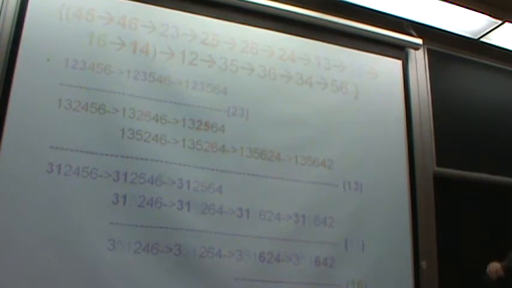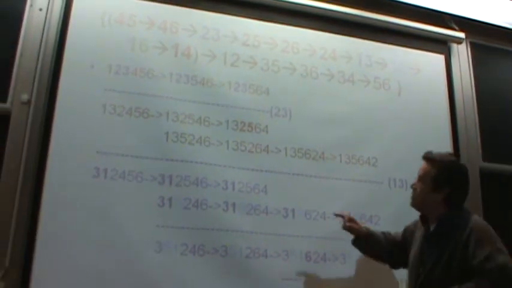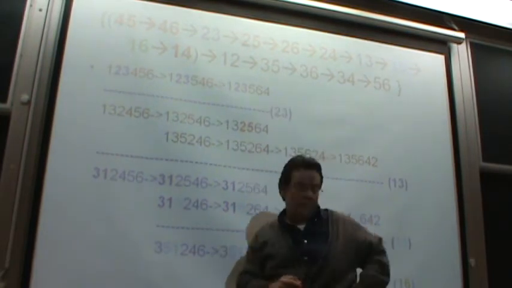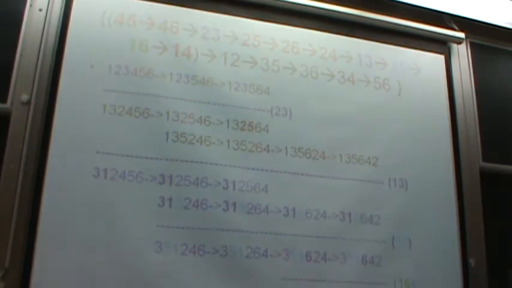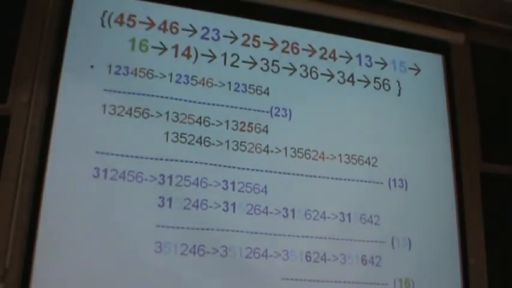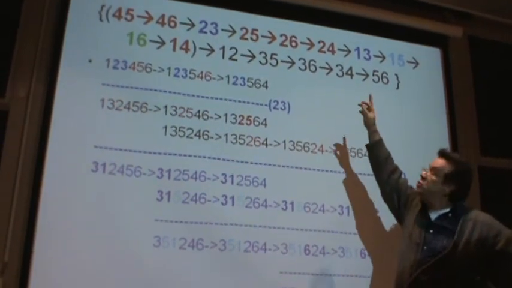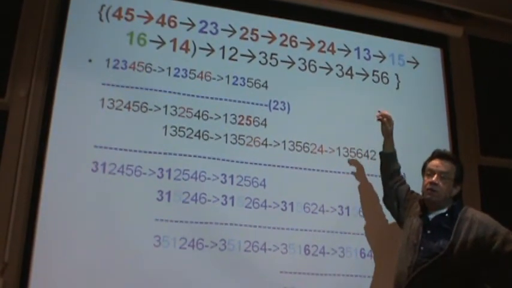You can go and look at this in this way, and let me just give you an idea so that you understand how the proof goes. Those symbols that you have on top are nothing else than the transpositions that you use to go from the identity to the identity reverse.